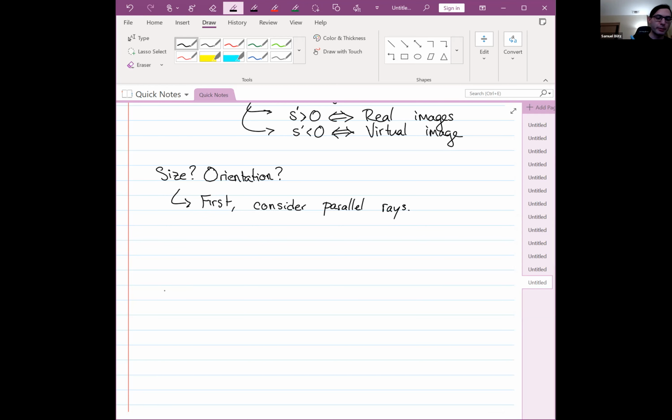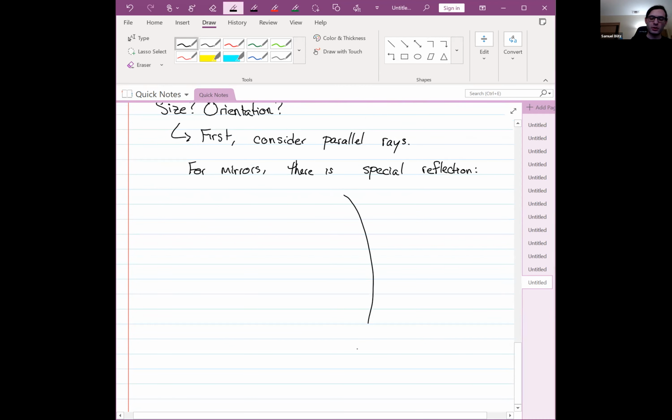Well, so for mirrors, there's a special reflection, which only occurs for parallel rays. So we have our curved mirror, we have our optical axis. I can't draw the object here because it's infinitely far away, but I can draw the rays that come from the object. So here's C. And we have an incoming ray, maybe it looks like this, but it's parallel to the optical axis.